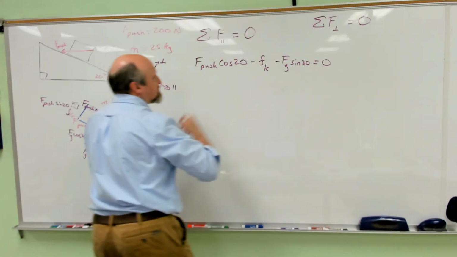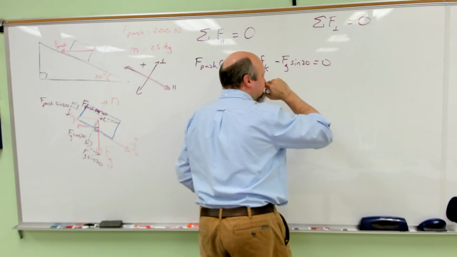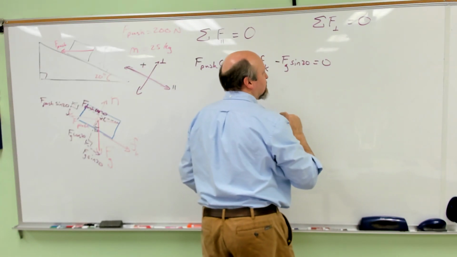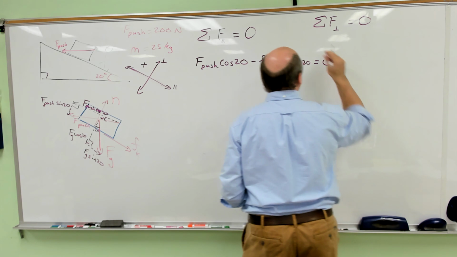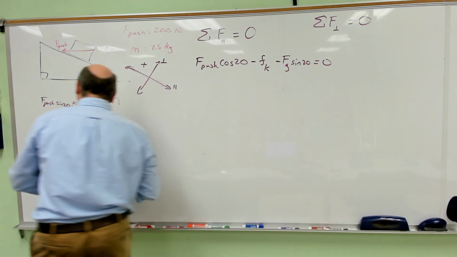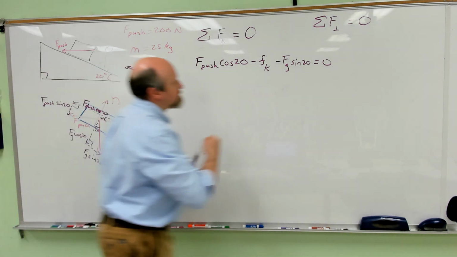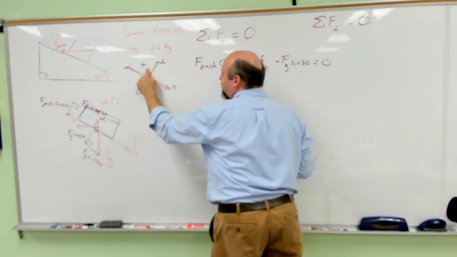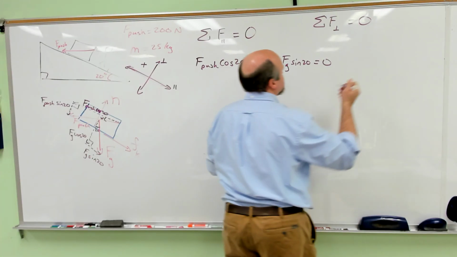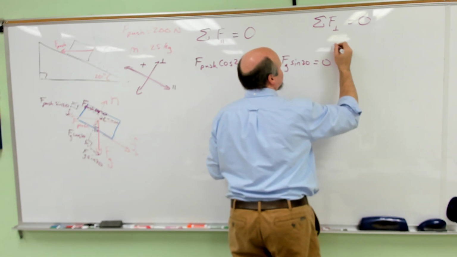next, let's go ahead and write the sigma F equation for the other axis. That is going to be ugly. Well, I'm going to try to squeeze it in there anyhow. We'll do out of the ramp minus into the ramp. Out of the ramp, I've got this normal force, and I'm calling out of the ramp the positive direction, into the ramp the negative direction. So I'll have the normal force.